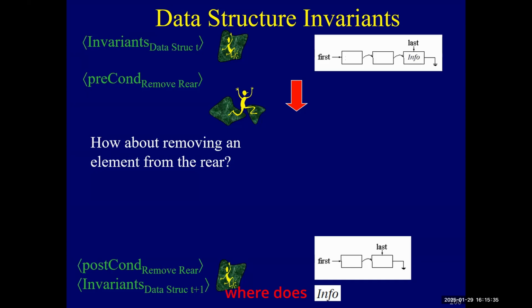Yeah, where does last point to, right? Where do we want it to point to? The second last, right? How do we point at the second last? How can you find the second? We got the last guy. How do you find the second last guy? Well, minus one, it's not an array.